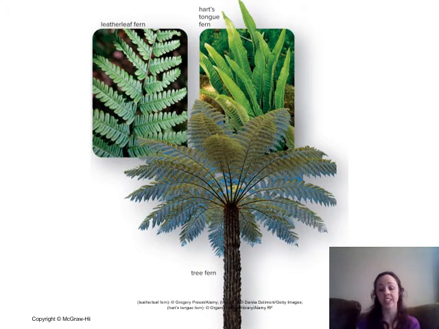Some ferns can grow so big that they look like coconut trees that you can find in Florida or California. Ferns have branched leaves, which allows them to have more vascular tissue and larger leaflets, giving them this fern and larger appearance.